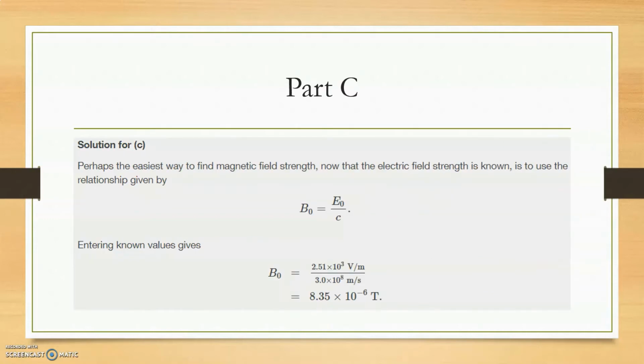And we can also use that simple equation instead of using the more complicated intensity equation to find the magnetic field strength, and just divide that by the speed of light, and you will get 8.35 times 10 to the negative 6. And so that's all I have for you guys today.